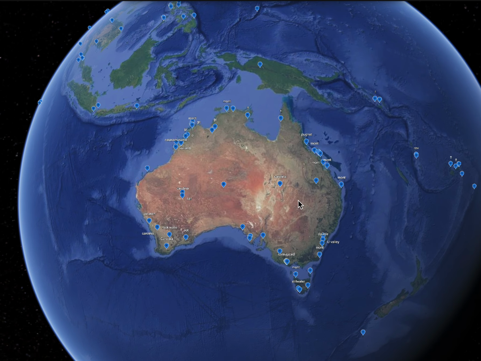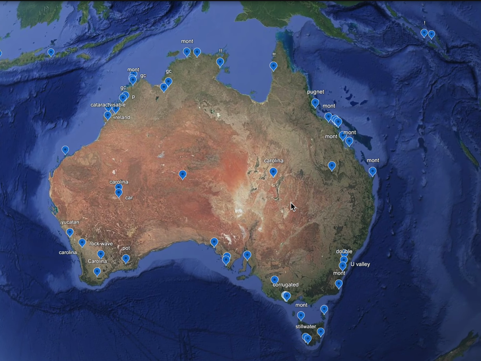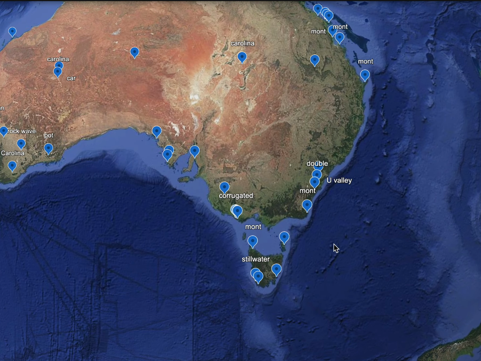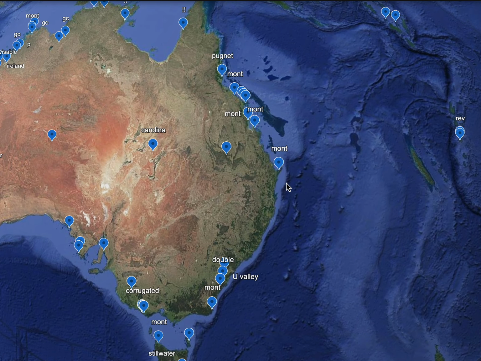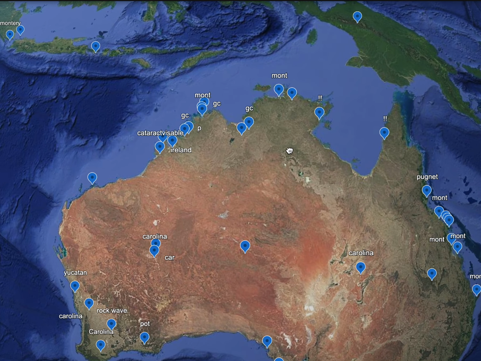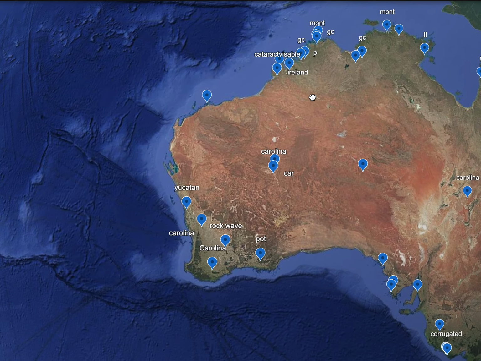The Australian coastline is one of those coastlines that is incredibly full of information. Now, I've got these pins labeled for us to check out, and we can then better understand the erosion of Australia.